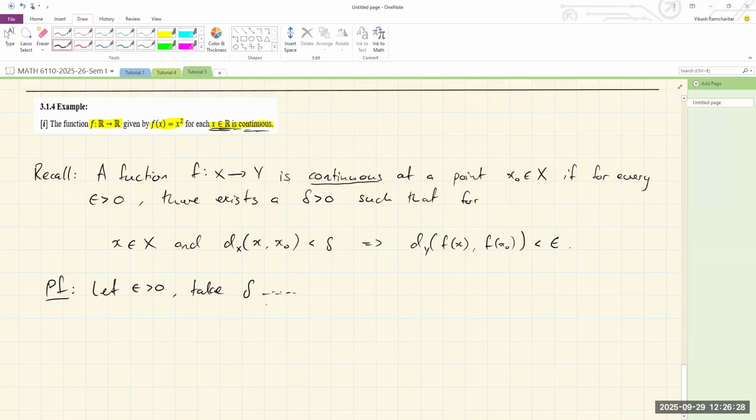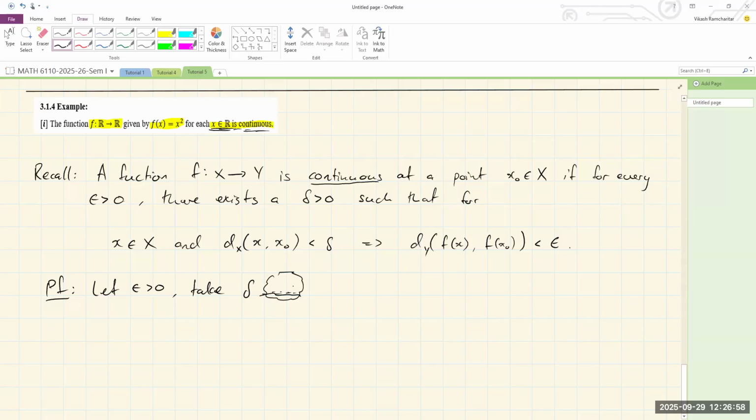Well, the answer is they didn't. What I'm going to show you is we'll leave it blank and we're going to do the proof, and then at the end of the proof, it will tell me how to take this delta. So we don't know how exactly to take this delta, so we just leave a space there for now. Let's continue with the proof and try to find a relationship between epsilon and delta to fill in that part.